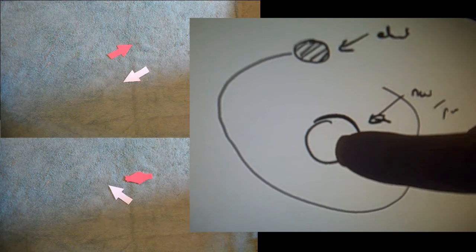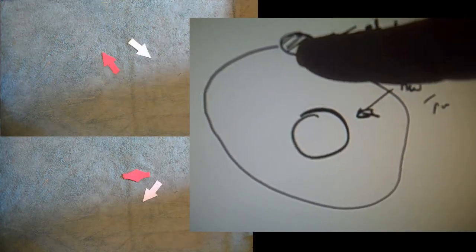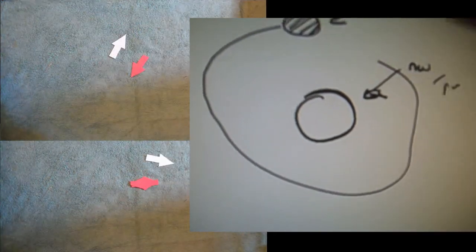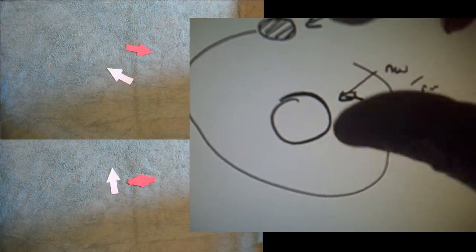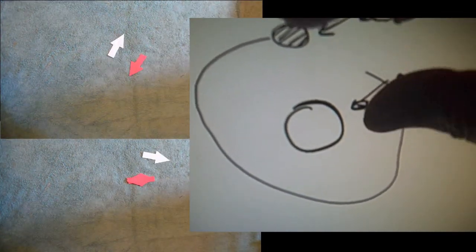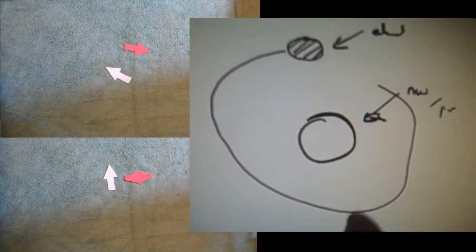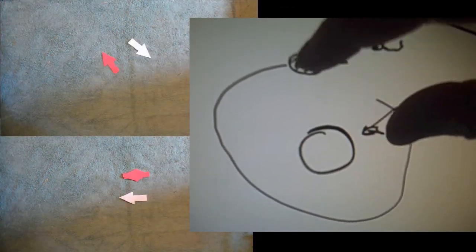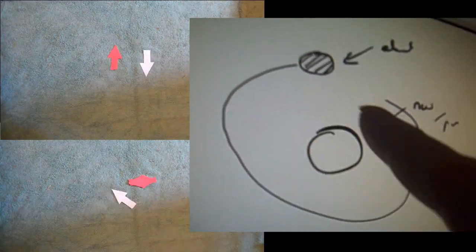And say if this was the neutron, it could be invisible to positive polarization, so it goes right straight through the neutron. And so there's no pushing away effect for those two, but for the proton it's exactly the opposite. There's a push, so there would end up being a pull between the neutron and the electron, and a push away between the proton and the electron, and those two are orbiting each other.